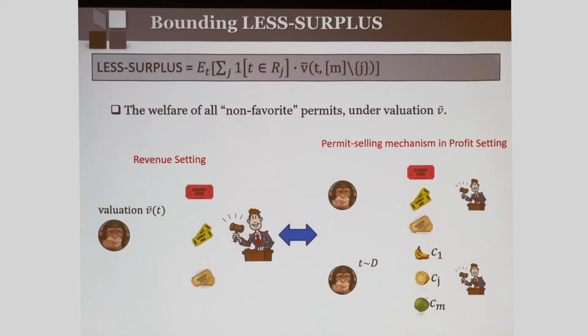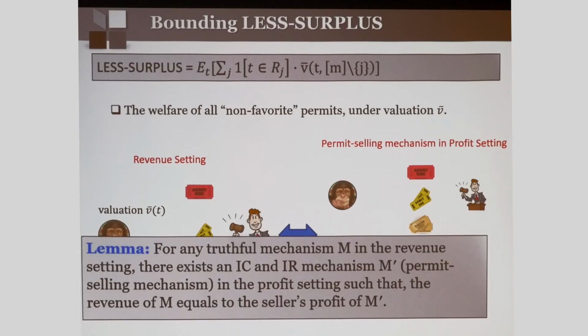Since this V bar is the expected utility on a set of permits in the permit selling mechanism, we are able to prove a reduction from any truthful mechanism in this setting to a permit selling mechanism.